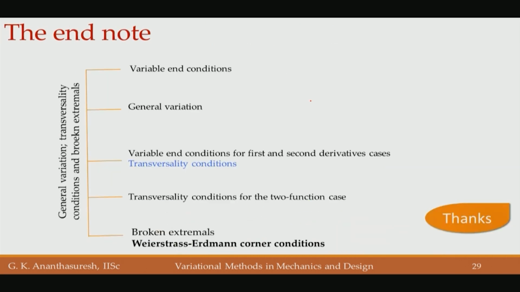So, what we discussed here is how to handle variable end conditions that depend on this concept of general variation, where the domain itself is perturbed, and that led us to what are called transversality conditions, and later we said that in between there could be a broken point which is a kink or a non-differentiable point or a corner. So, we have Weierstrass-Erdmann corner conditions. We also quickly looked at a two function case.